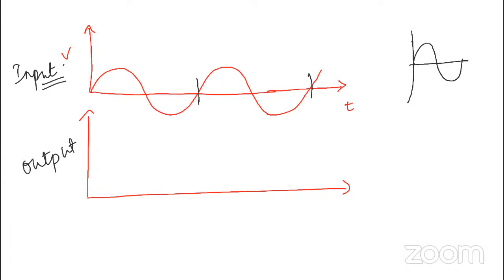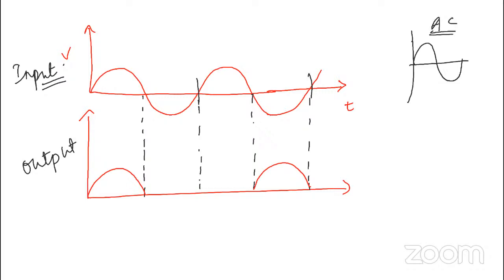So when it is cut into half, only half the values will be present. Only the half portions of the wave should be present in the output. Okay, so this is the AC output.